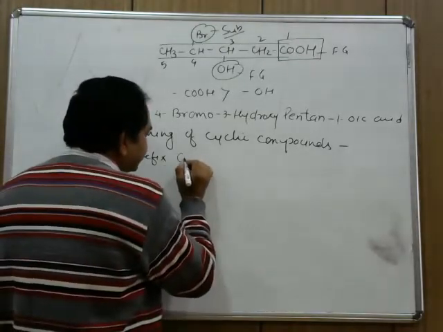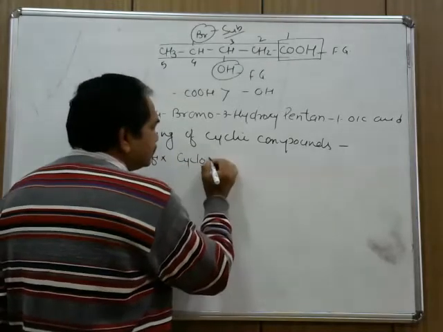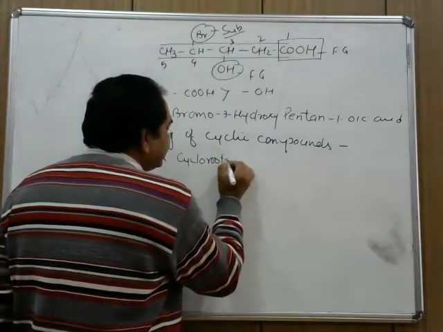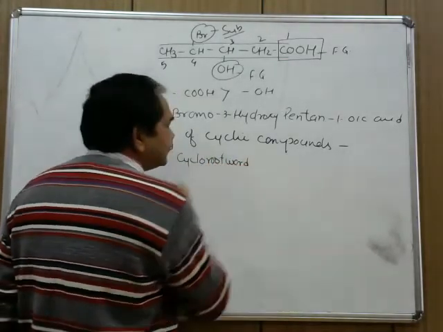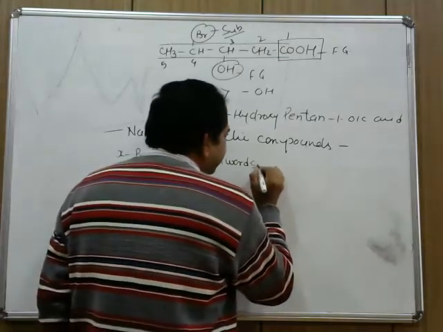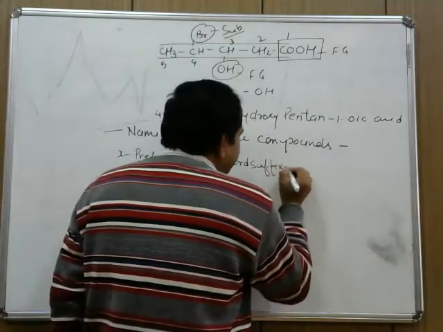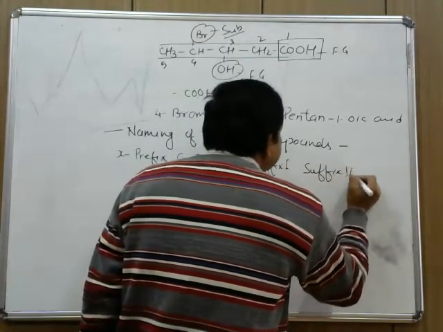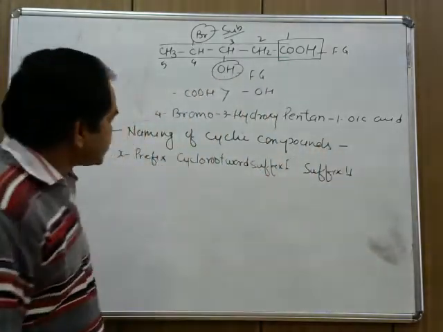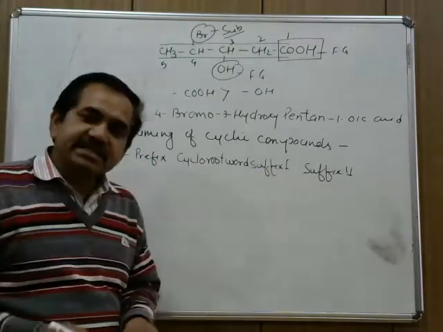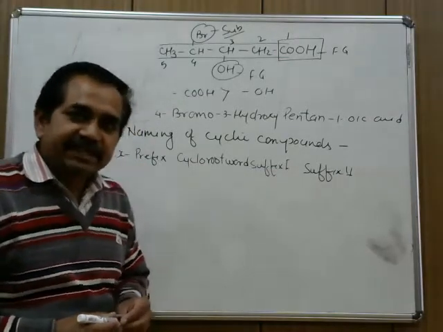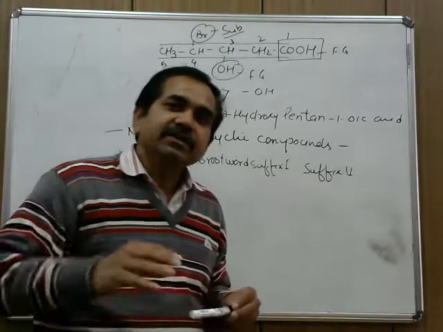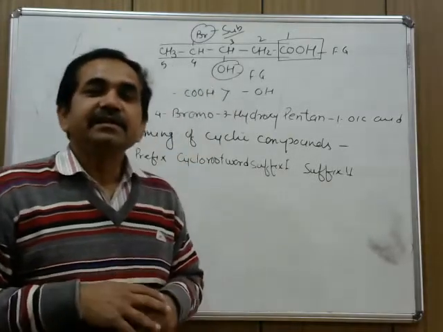Then we write cyclo, then we write the root word, then we write suffix 1, and finally we write suffix 2. And of course, if a prefix or suffix is not present in the compound, then they are omitted, their names are not written.